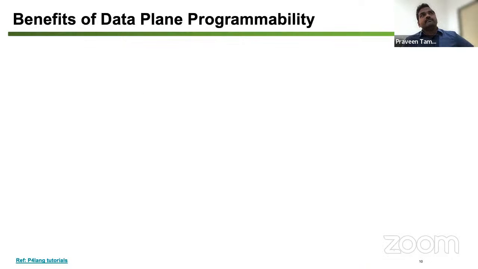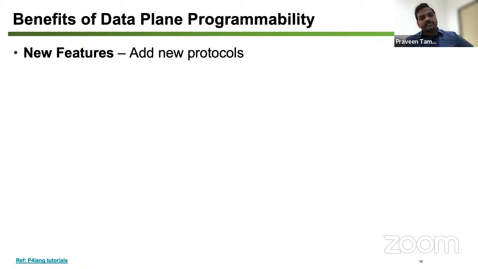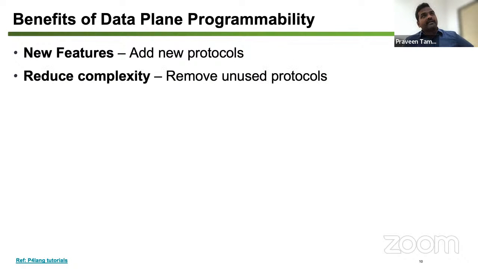Some advantages of data plane programmability are that you can add new protocols and new features quickly, and you don't need to use unnecessary protocols. If you look at today's commercial boxes, they come with many protocols that you may not really need, and it is often seen that unexpected interactions between these unused protocols could lead to failures.